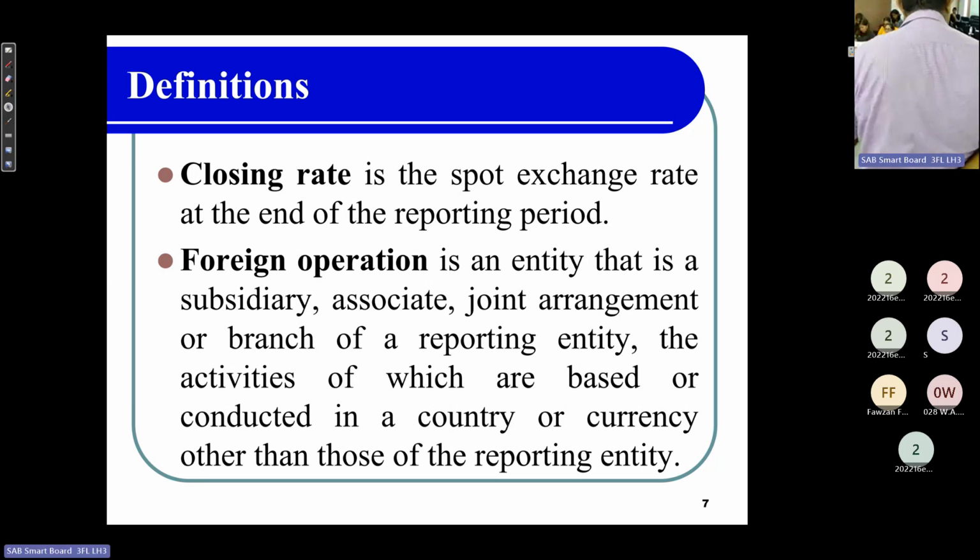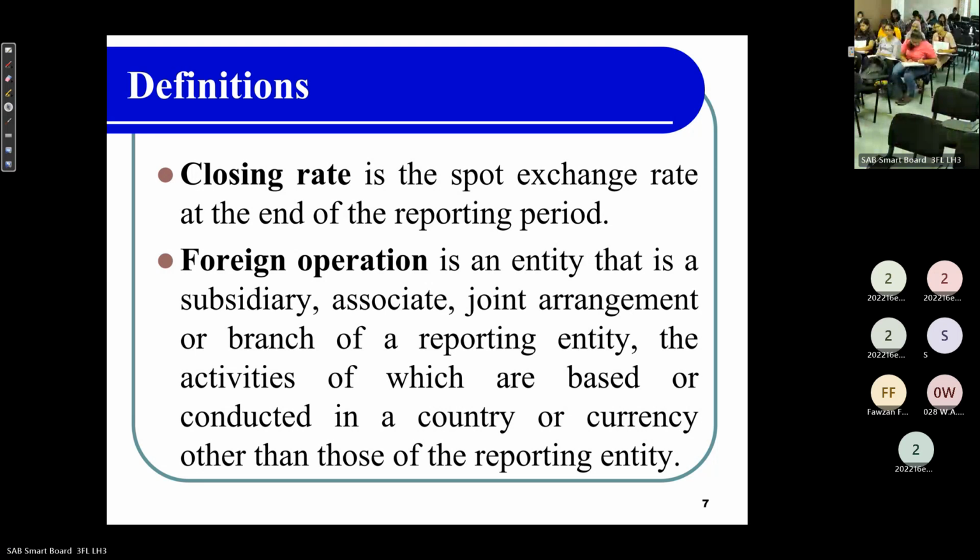The currency would be different, but it is located and conducted elsewhere, as a branch, as an associate, as a joint arrangement. That is called a foreign operation.